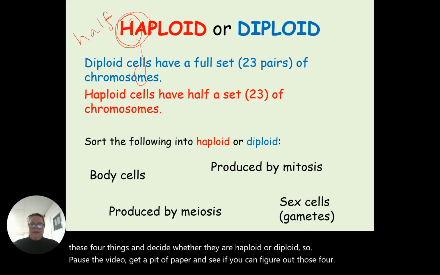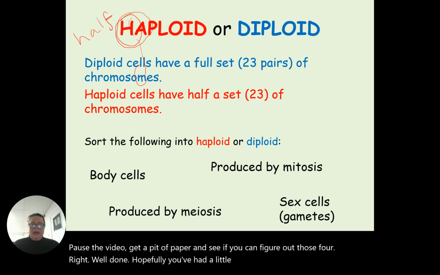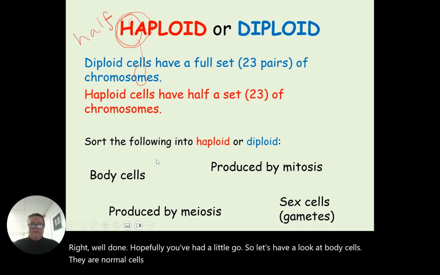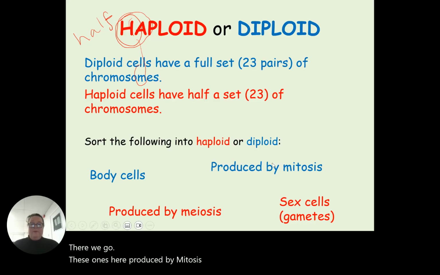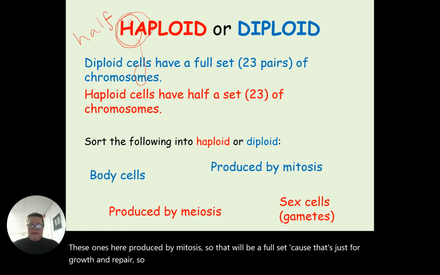Right, well done. Hopefully you've had a little go. So let's have a look. Body cells are normal cells with a full set, so they are diploid. Those produced by mitosis are a full set because that's just for growth and repair, so that's diploid.